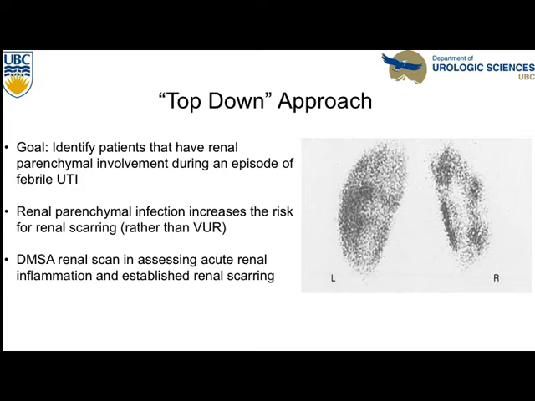The thought is that these are the patients that are at risk for getting complications of VUR later on. A DMSA nuclear medicine scan is performed to assess acute renal inflammation and detect previously established renal scarring. And this is really one of the first tests instead of a VCUG to be performed.